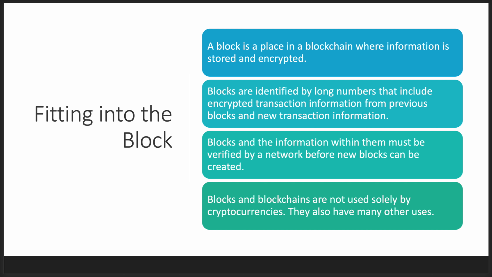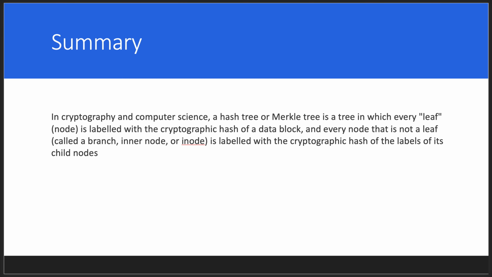Blocks and blockchains are not solely used by cryptocurrencies, and we'll go over that later as we see the other uses for the block and blockchain technology. It's really interesting how other groups like education, contracting, shipping and supplies are actually using this technology to do other things.